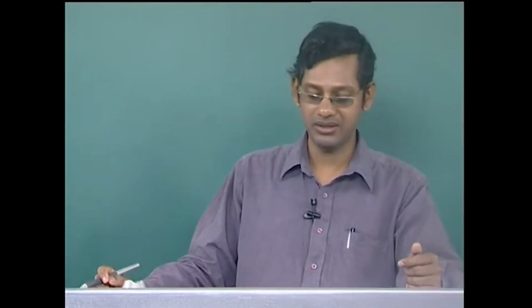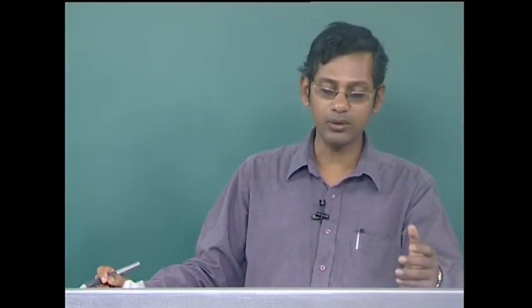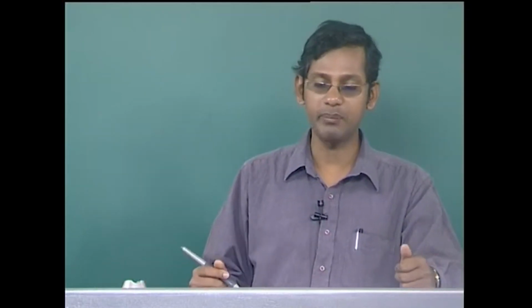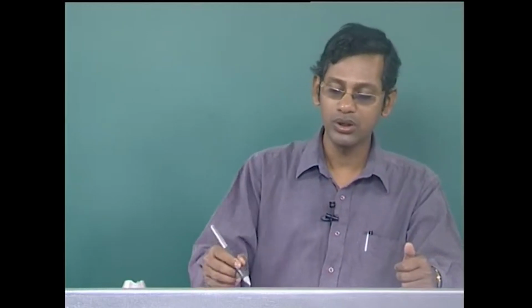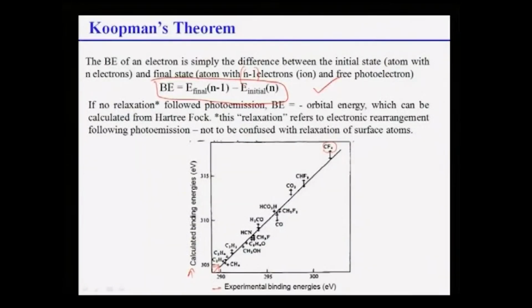That means Koopman's theory predicts what can be calculated and then measured. So this is true, please try to remember this equation. When there is ionization, this is how we can calculate. Here we have not considered the free electron. We thought it has no effect because of the relaxation.